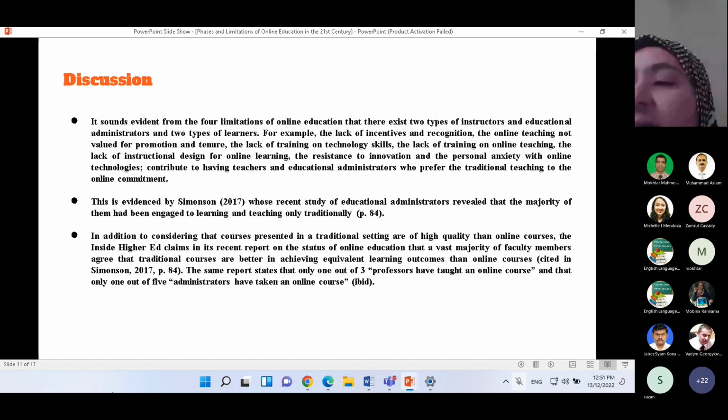The Inside Higher Ed claims in its recent report on the status of online education that a vast majority of faculty members agree that traditional courses are better in achieving equivalent learning outcomes than online courses. The same report stated that only 1 out of 3 professors have taught an online course and that 1 out of 5 administrators have taken an online course.